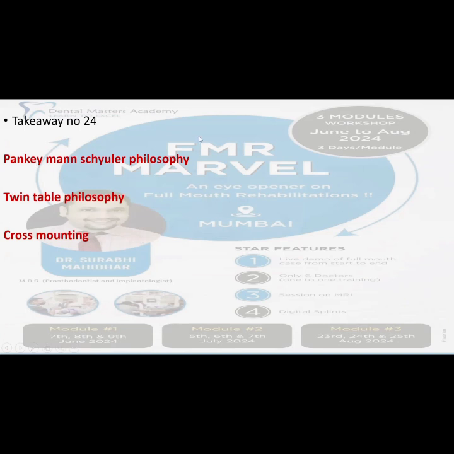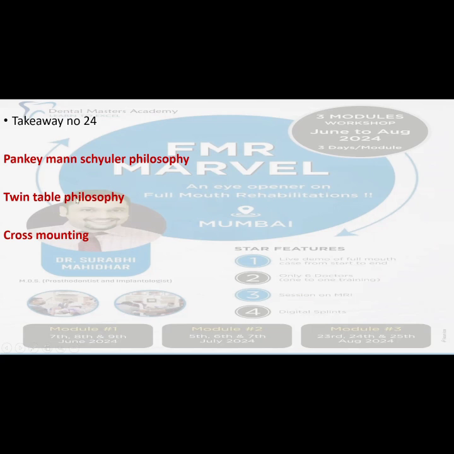The sequence which I've just discussed is known as Pscholer's philosophy: posterior-anterior for tooth preps and anterior-posterior for definitive restorations. We have something known as the twin table philosophy, where we do the posterior definitives first and anterior definitives next, especially in deep bites, where I might have to concentrate more on the anterior guidance with posterior disclusion.